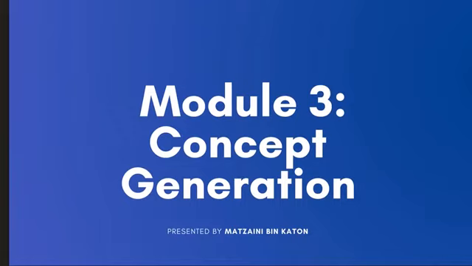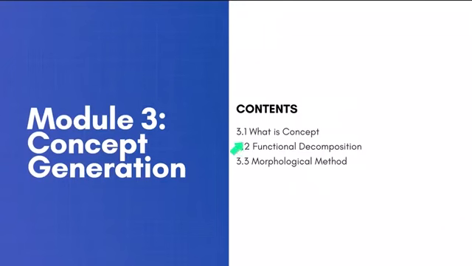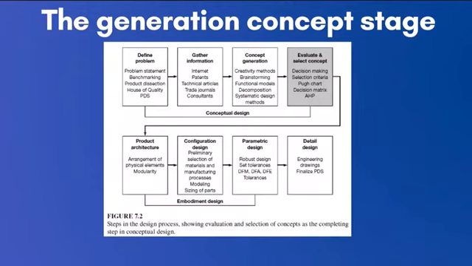In this video, we will discuss Module 3 Concept Generation. There are three subsections in Module 3: what is concept, functional decomposition, and lastly, the morphological method. Here, as you can see, concept generation is the third step in conceptual design, where we will discuss the functional decomposition and the systematic design method.